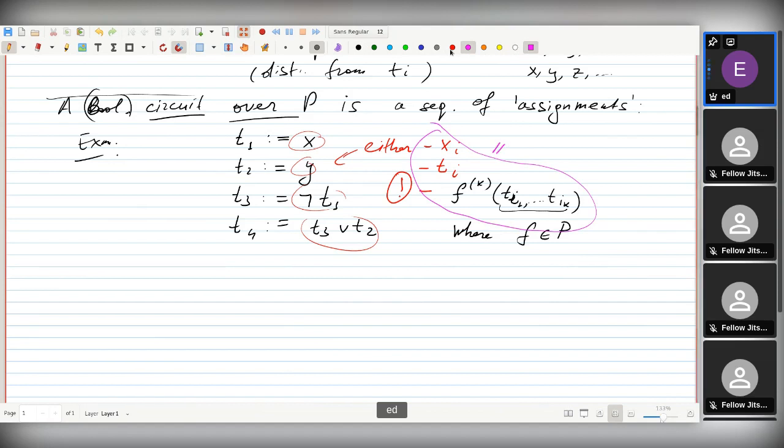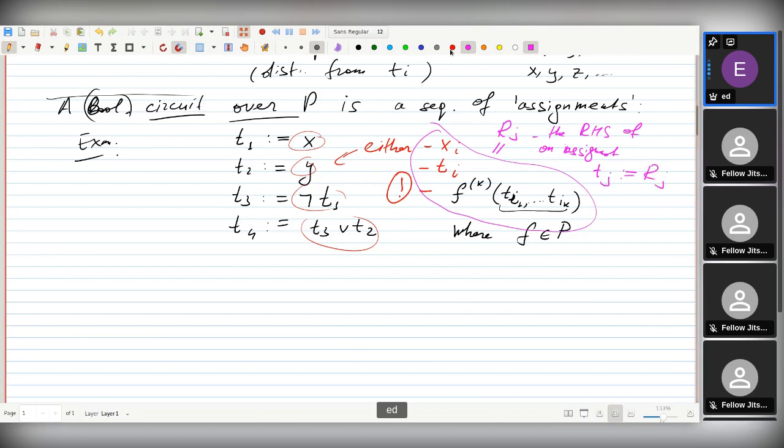So these are possible values for the right hand side of an assignment Tj takes value Rj.